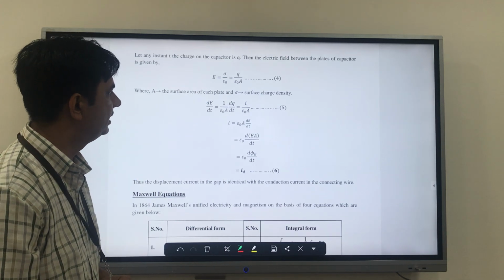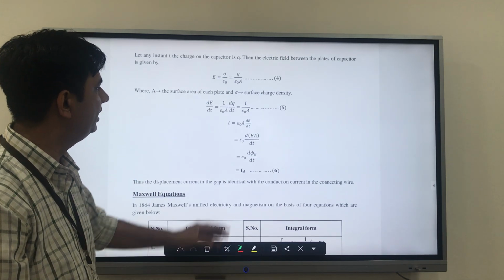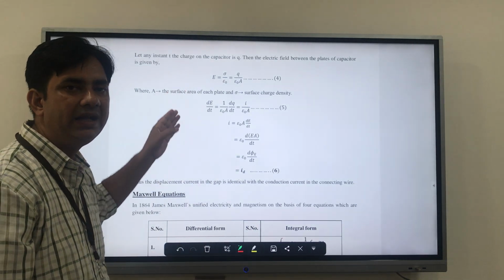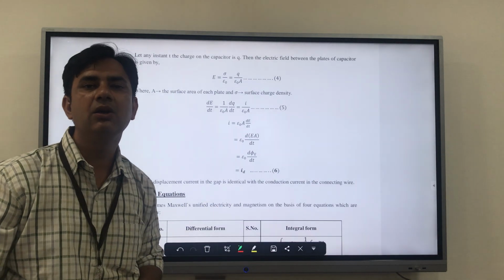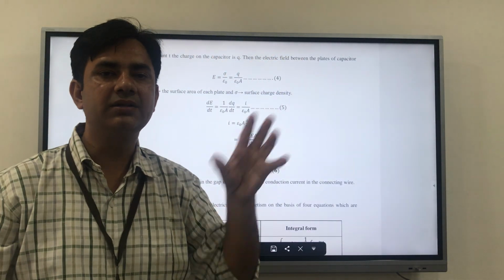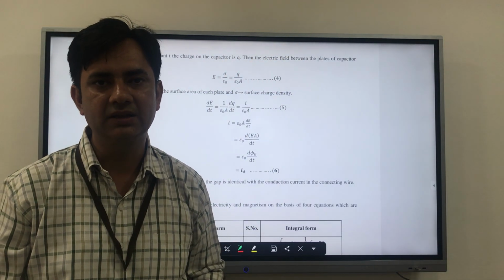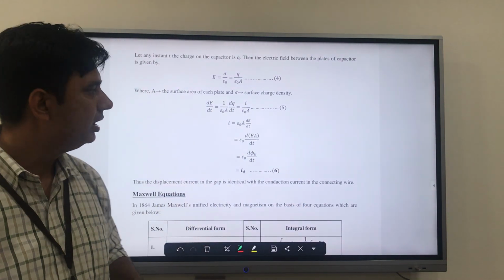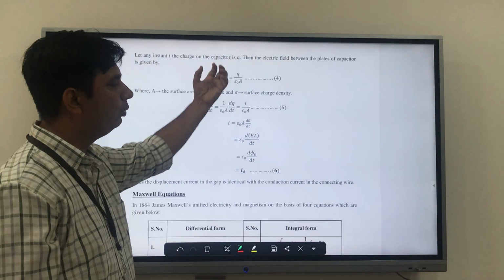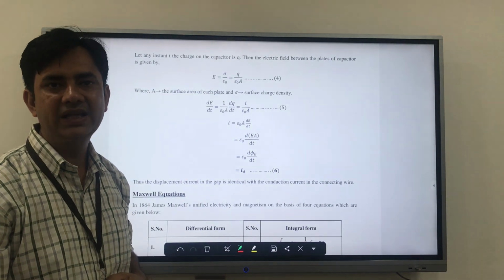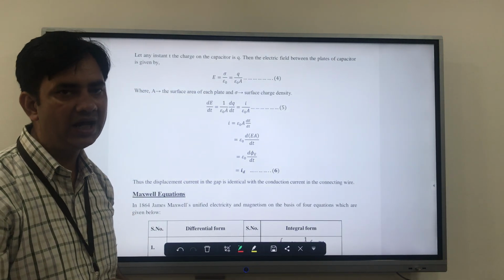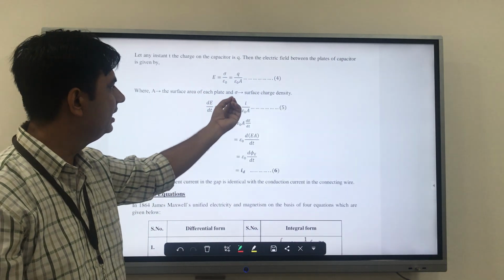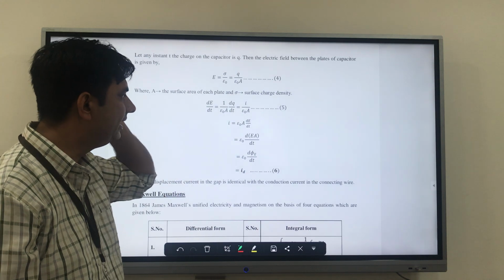Now if you differentiate this, dE by dt is equal to 1 upon epsilon naught A, because the surface area is constant and epsilon naught is also constant for a given medium. So they will come out, and what can change is your charge, so we can say dE by dt is equal to 1 upon epsilon naught A into dQ by dt.